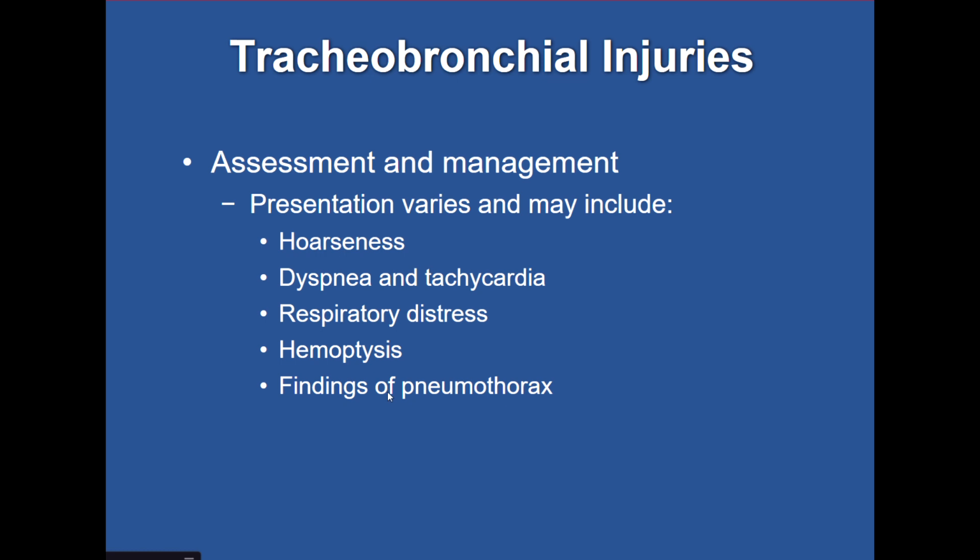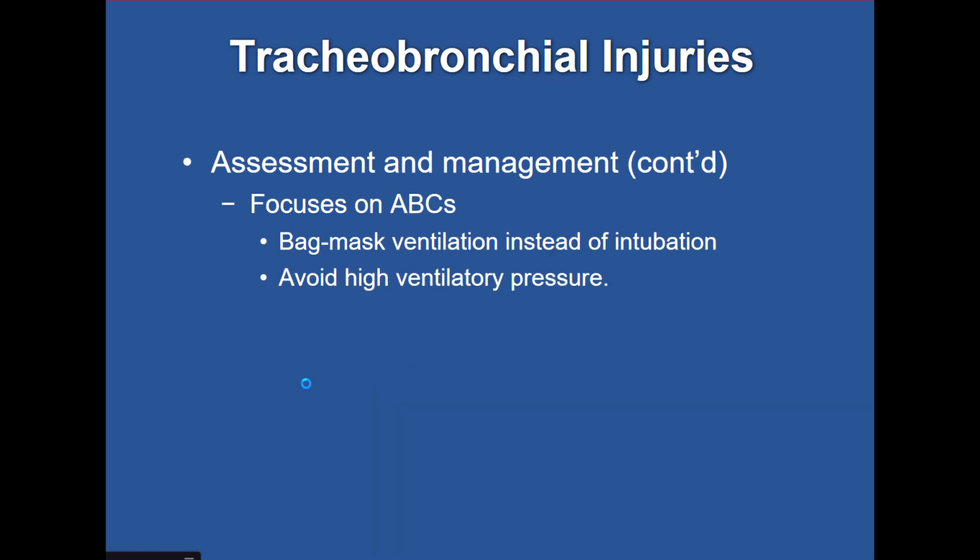So they'll be having difficulty breathing, and a rapid heart rate to try to compensate for it, and then the big additions are bloody sputum and that hoarseness. All right, so we want to avoid positive pressure ventilation if we can, because all that's going to do is push that air into that thoracic cavity faster, causing them more of a problem.